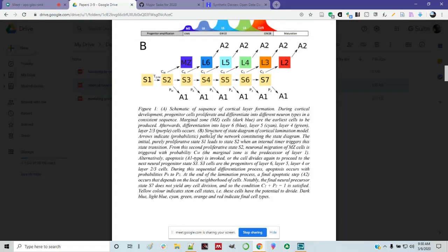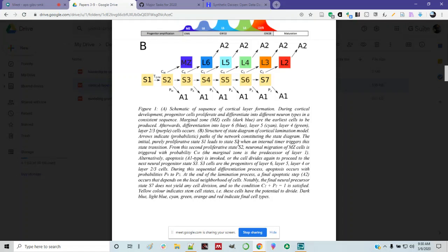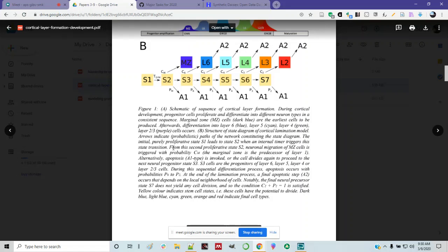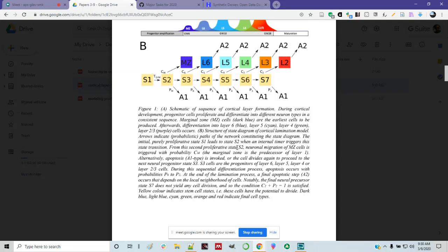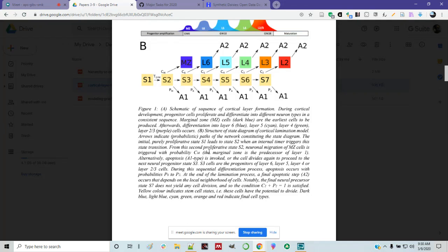Arrows indicate probabilistic paths on the network consisting of the state diagram. The initial purely proliferative state S1 leads to state S2, where an internal timer triggers the state transition. From the second proliferative state S2, neuronal migration of MZ cells is triggered with probability CM. The marginal zone is the predecessor of layer 1.